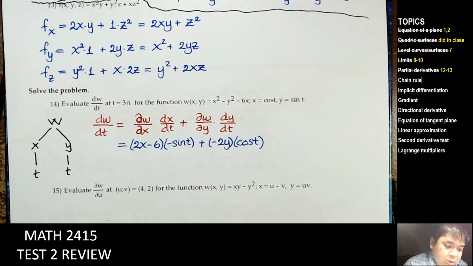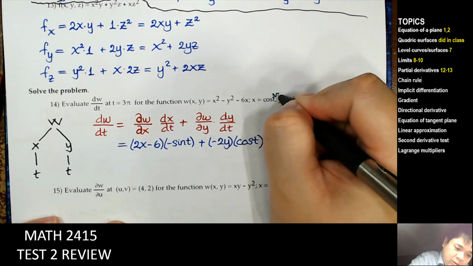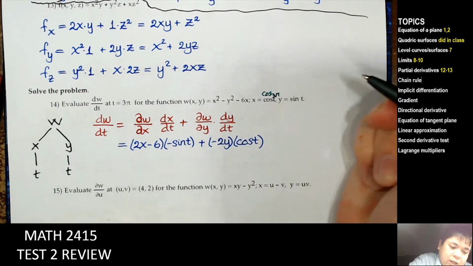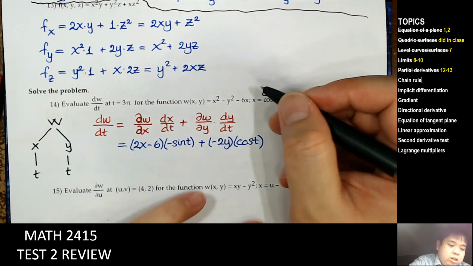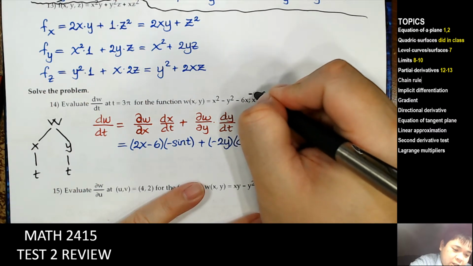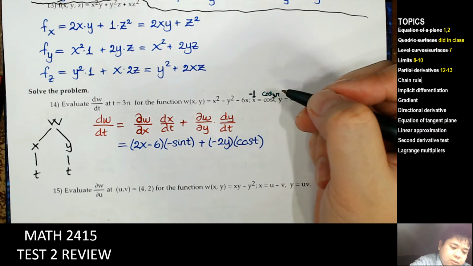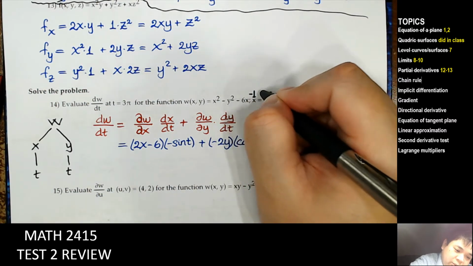Now we need the values. T equal to 3 pi. So if we put 3 pi in here for t, cosine of 3 pi is like cosine of pi, which is negative 1. So x is equal to negative 1.